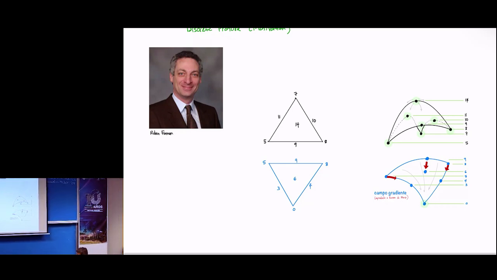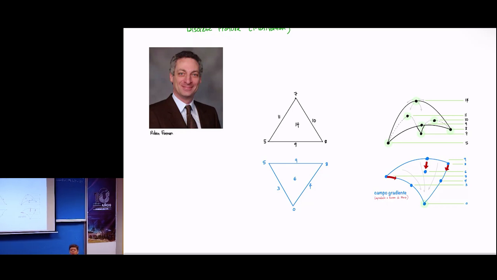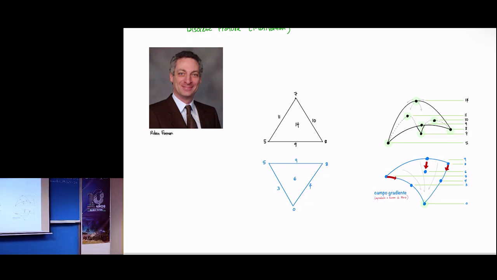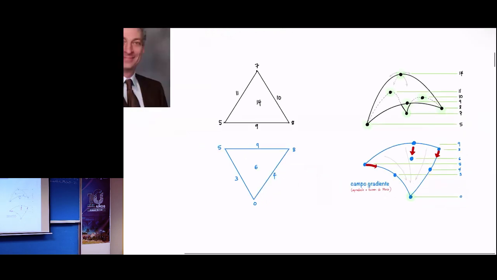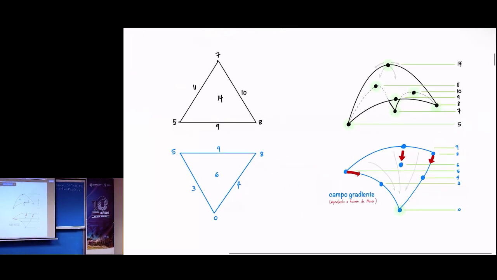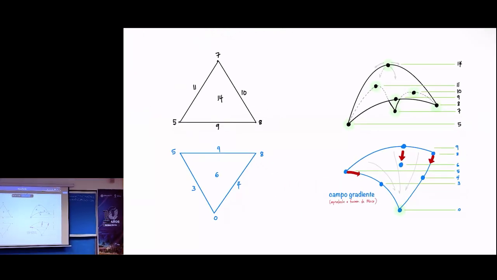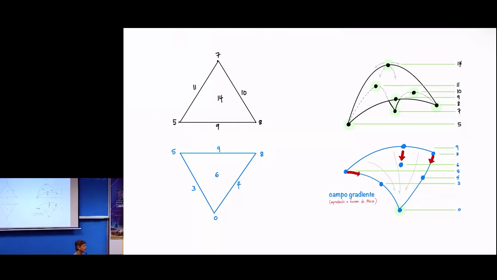Some previous people already had these kinds of ideas, but this is the typical reference where this theory was developed in a more systematic way. So what's the main idea? Well, in the classical situation, we have critical points with indices.